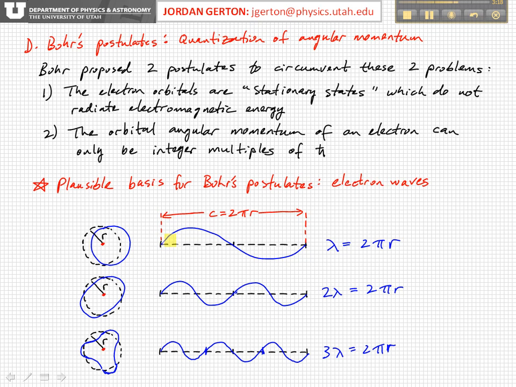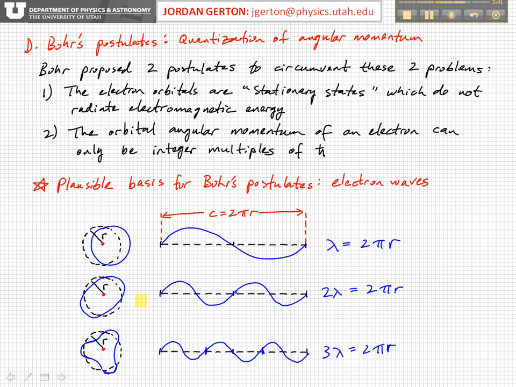This distance from here to here is the circumference of this classical trajectory, 2 pi times r. And now we see clearly the wave-like property. One wavelength fits into the circumference, 2 pi r. So we have lambda equal to 2 pi r in this case.